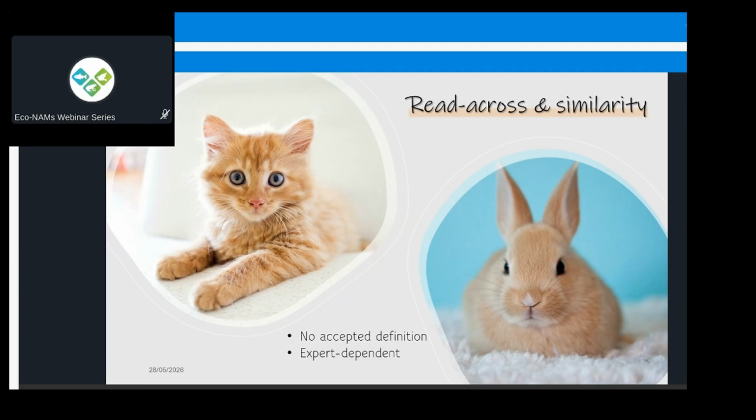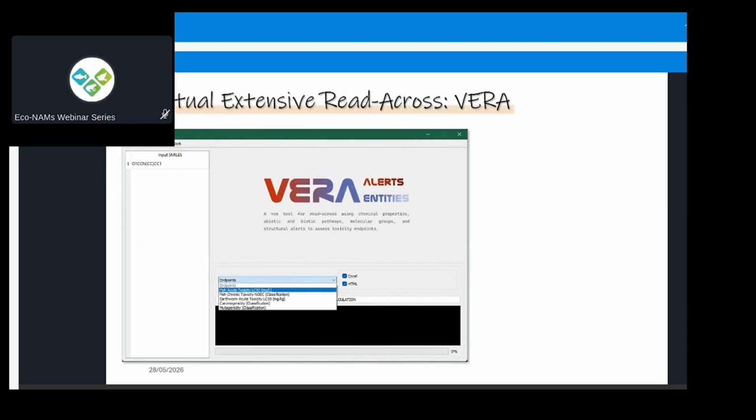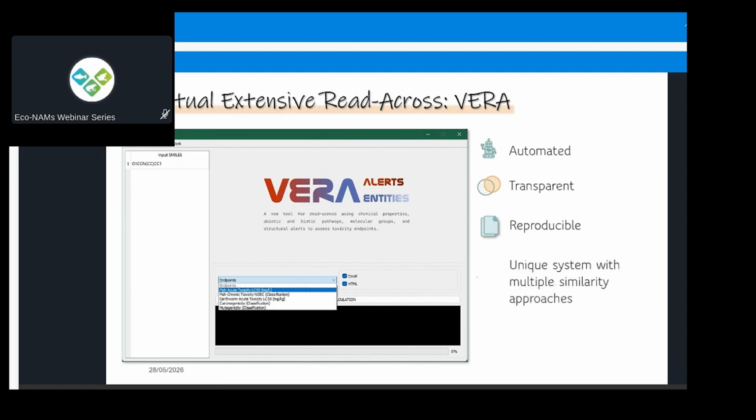So they can produce different assessments for the same chemical. To try to solve these problems, we developed VERA, Virtual Extensive Read-Across, which automatizes the read-across in a transparent and reproducible way, including several similarity approaches and a mathematical definition of reliability.